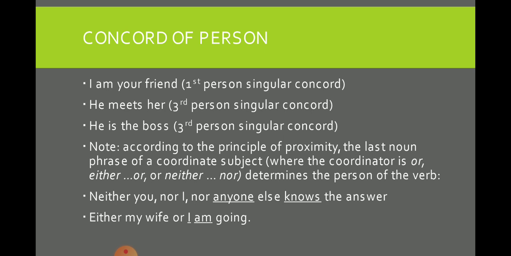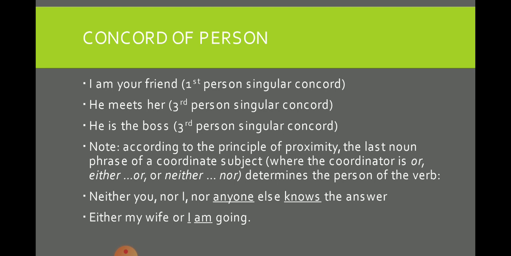The same applies when we have a subject like he. If we consider the first example, he is your friend, and we raise the question, why can we not say he am or she am?